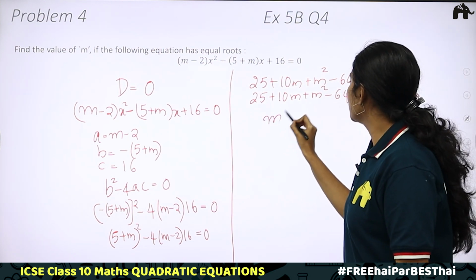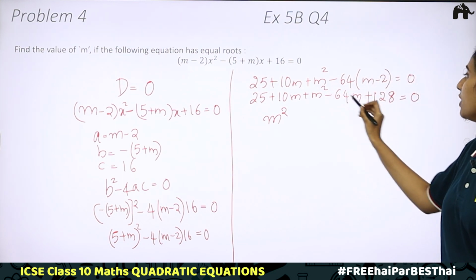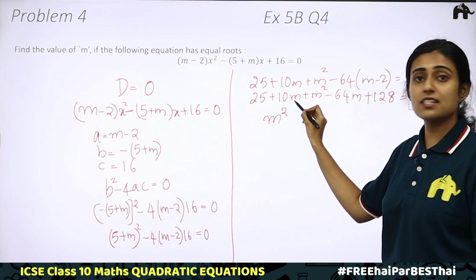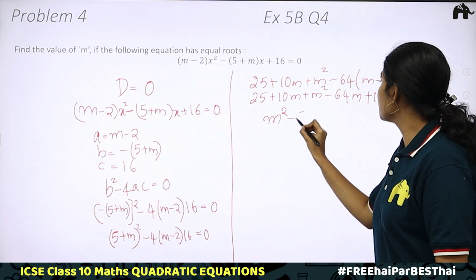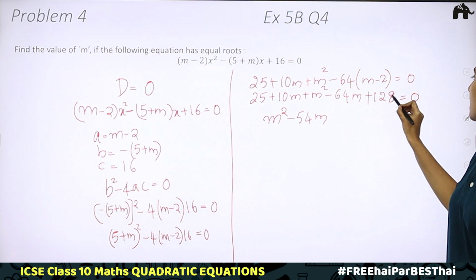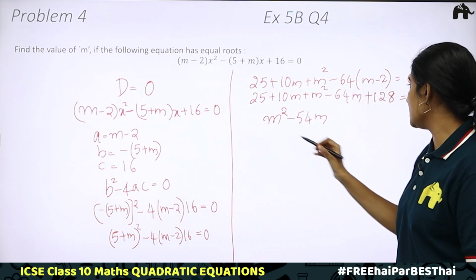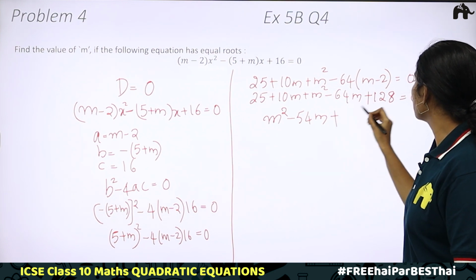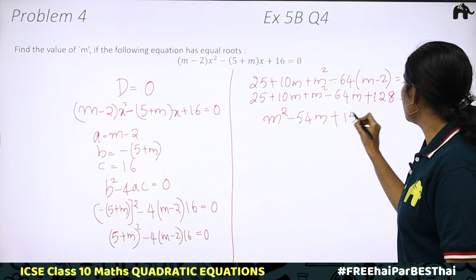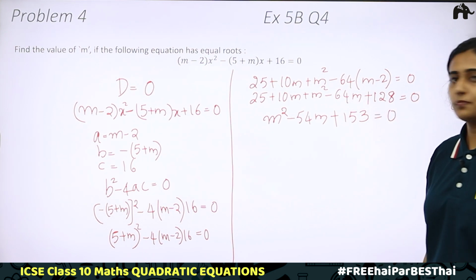Now, we can rewrite this as m square minus 64m plus 10m, that is minus 54m. Then, plus 128 plus 25. You will be getting 153 is equal to 0.